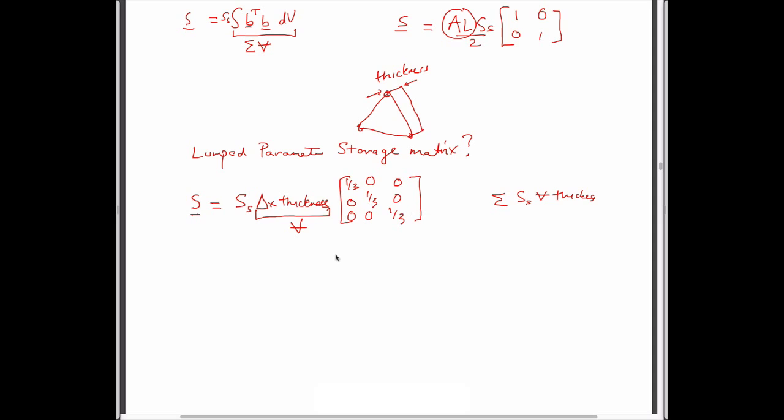If you wanted to do it for a quadrilateral element, you can probably guess exactly what it would be as well. What would it be? Storage is equal to specific storage, the area of the element, the thickness. So together these are both the volume.